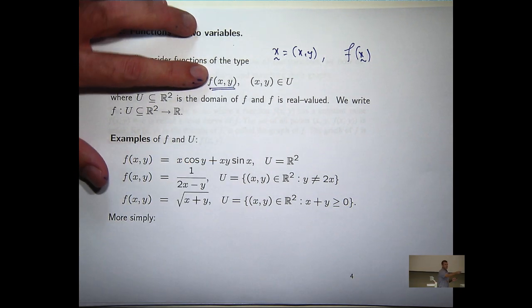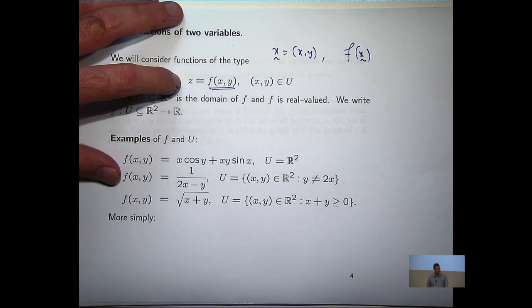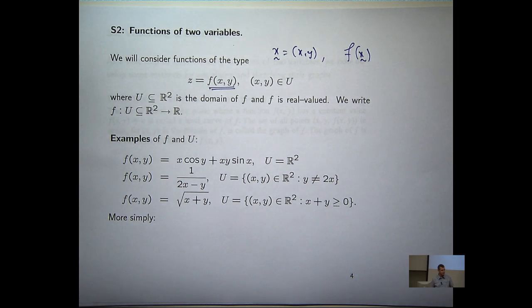X and y are the two independent variables. So if you change x and y, you change the output, right? But sometimes we break the rules and we actually write z equals f of x comma y. Technically, z's got nothing to do with the function f, right? So really the function is f there, not z. But we break the rules occasionally.